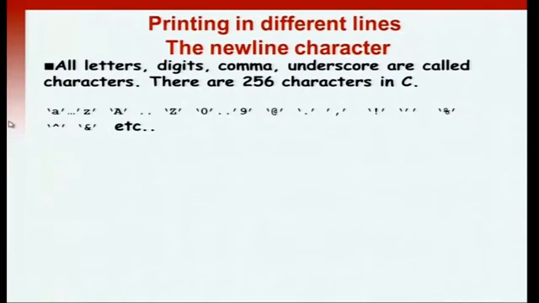All letters, digits, comma, punctuation symbols, these are all called characters in the C programming language. There are a total of 256 characters in C. 256 is 2 to the 8.